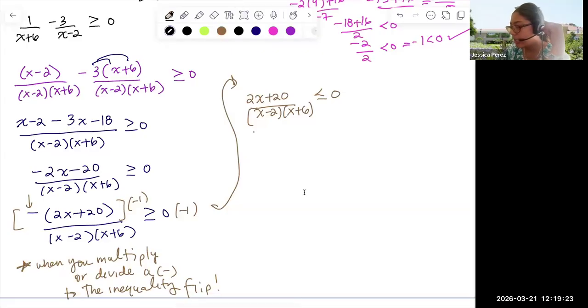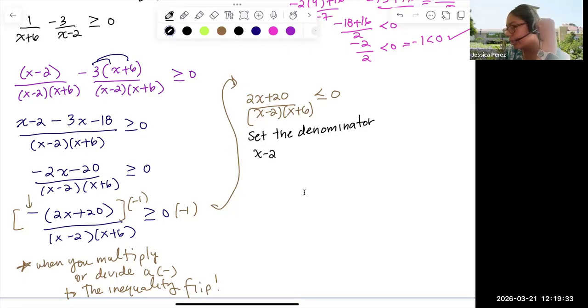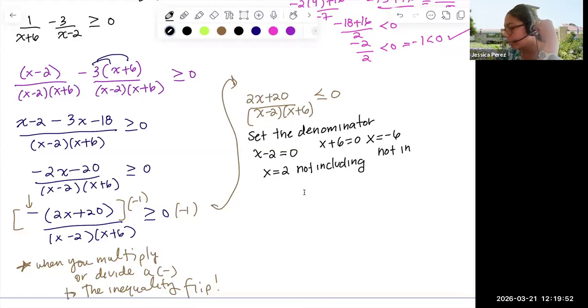Now I'm going to set the denominator equal to 0, and if I set the denominator equal to 0, I'm going to have my boundary points not included. So x minus 2 equals 0, that's x equal to 2, my boundary point not included because it's in the denominator, and then I have x plus 6 equal to 0. That gives me x equal to negative 6 as my other boundary point, which is also not included.